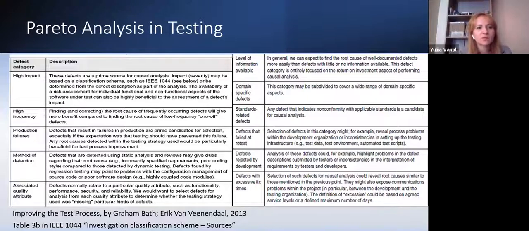So here we have something about the impact, frequency, whether it happens in production or not, method of detection, some attributes, domain-specific defects, standards, rejected development. So it's basically lots of things you can use.